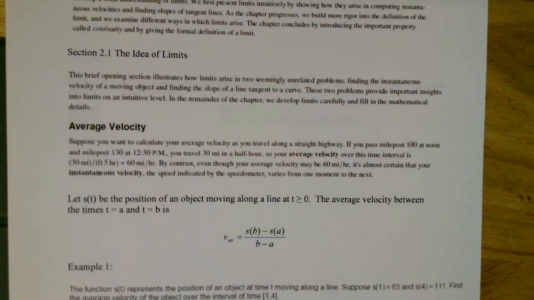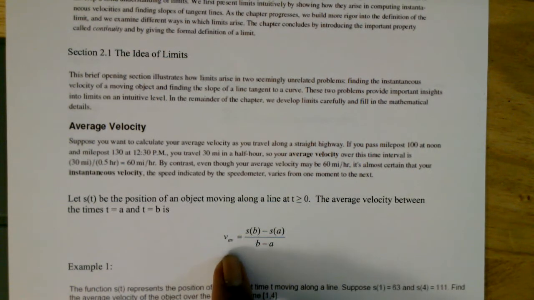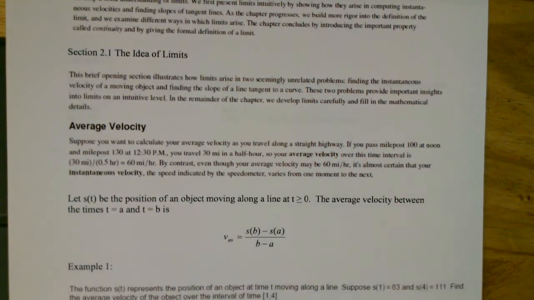Now let's define the average velocity. Here we're going to let s(t) be the position of an object moving along a line at t greater than or equal to 0. The average velocity between times t = a and t = b would be v_av, equal to s(b) minus s(a) divided by b minus a.